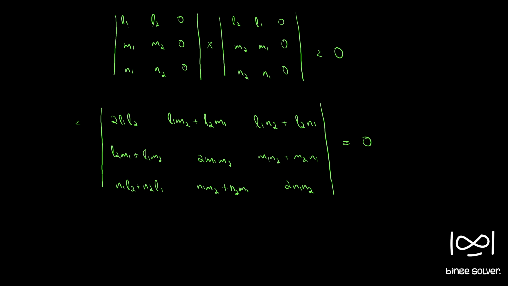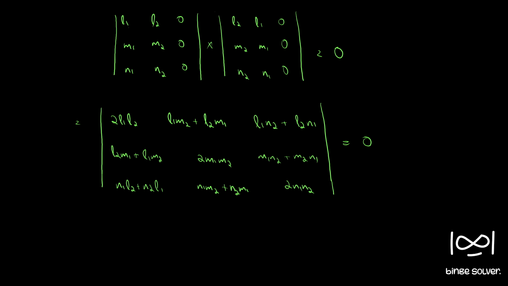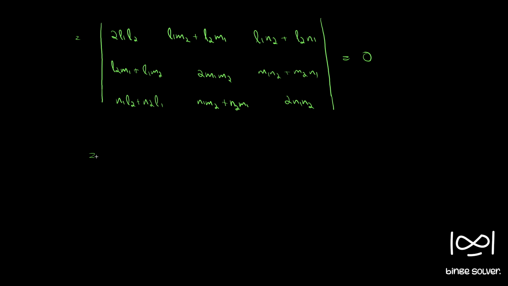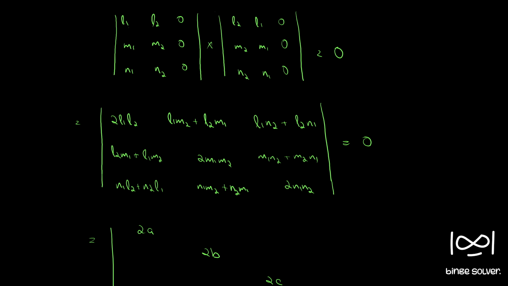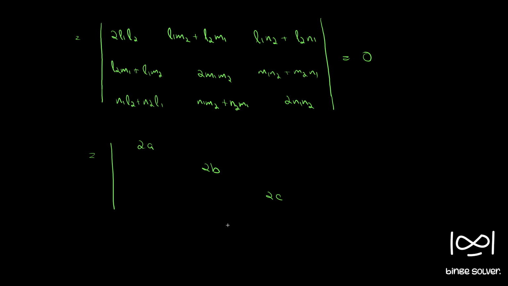Now, in this determinant, if you see, L1 L2 is A, M1 M2 is B, and N1 N2 is C, we can use that here. Then we get 2A, this becomes 2B, and this becomes 2C. And L1 M2 plus L2 M1 is 2H.